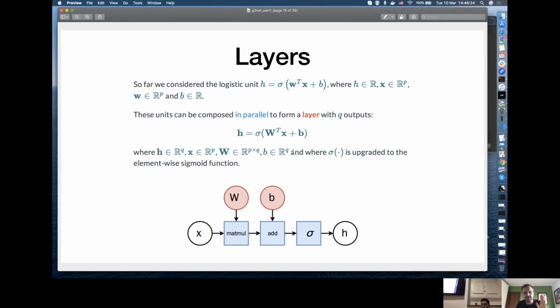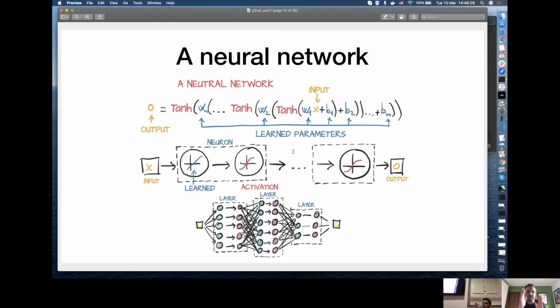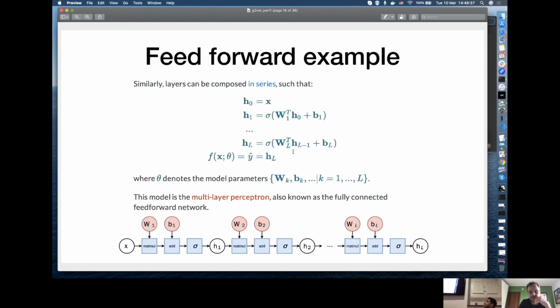If you start stacking layers and put in another layer, so the outputs of the first become the inputs of the second, then we have this kind of arrangement where H0 is X, the input, and then you start producing the output of the first layer, and then the output of the last layer.